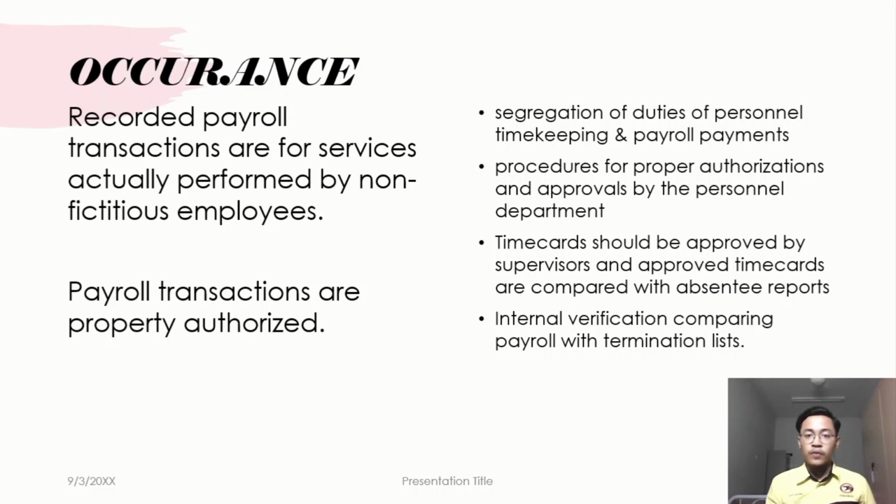There should be procedures for proper authorization and approvals by the personnel department for hiring and terminating employees or for changes in employee status. Time cards should be approved by supervisors and approved time cards are compared with absentee reports. There should be internal verification comparing payroll with termination lists.